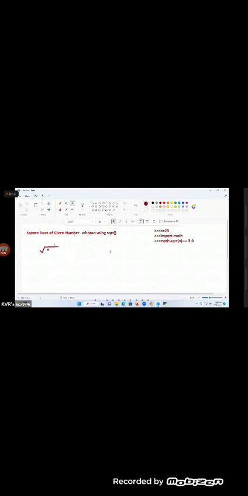So we don't want to use this SQRT. This was one solution. Now this is the equation for you, a mathematical representation. Square root means what? Inside the square root sign there is a 2, you know?